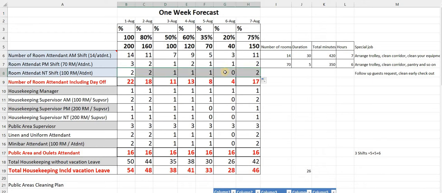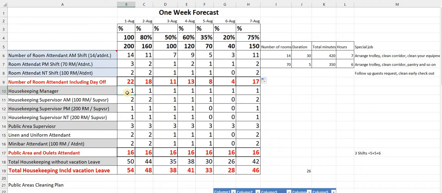When you have very low occupancy, 20%, ask the housekeeping or the responsible for the public area to handle any guest requests during night. So 100% occupancy, 22 employee, 18 employee for 80%, 4 employee for 20%, and so on.